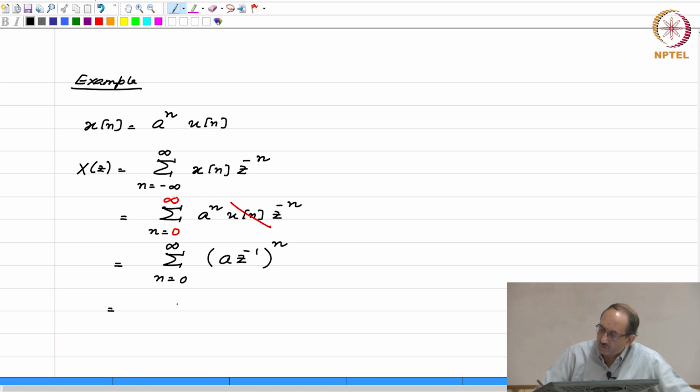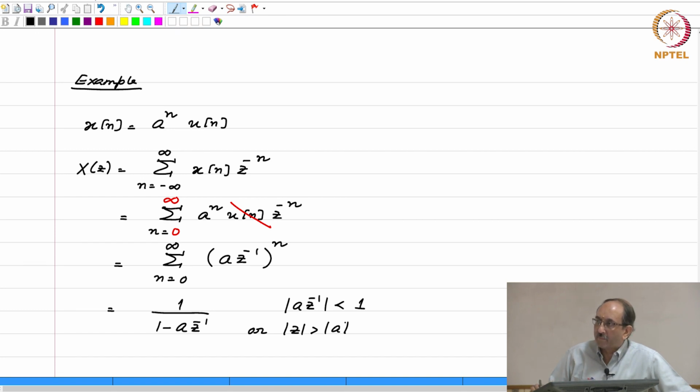So, this is nothing but 1 by 1 minus a z inverse. This of course assumes that the geometric ratio is strictly less than 1. You need mod a z inverse to be less than 1. So, this is the same as mod a strictly less than mod z, or it is usually written like this, mod z strictly greater than mod a.